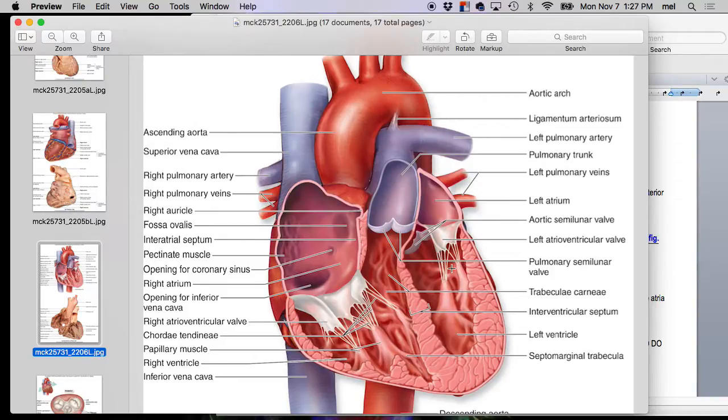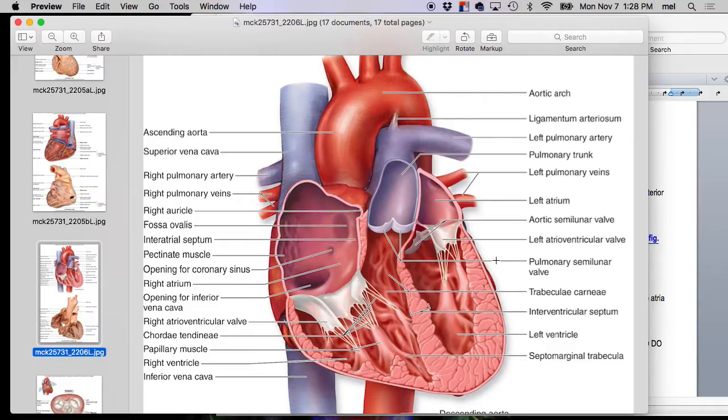And then one more really hard one to spell: these strings of connective tissue that are holding the tips of the flaps to the papillary muscles. Those are what people call your heartstrings, or the long name, which is also a nightmare to spell, chordae tendineae.